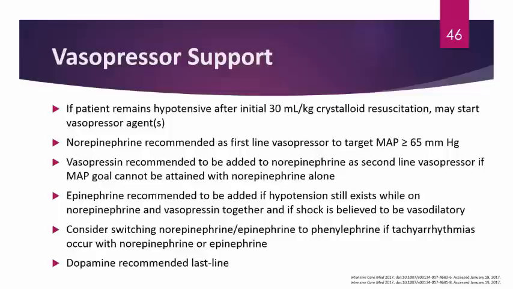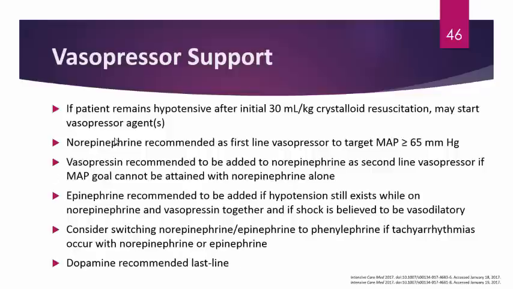Or is it due to something else? Now, if your answer to that is vasodilatory, the next thing that's recommended is epinephrine. Epinephrine acts mainly on beta receptors, but it also has a lot of alpha activity. So it can help clamp down on your vasculature, but give you a little bit of support for your heart too.